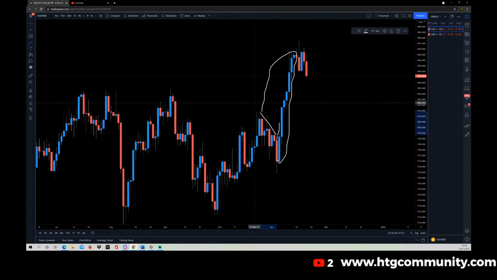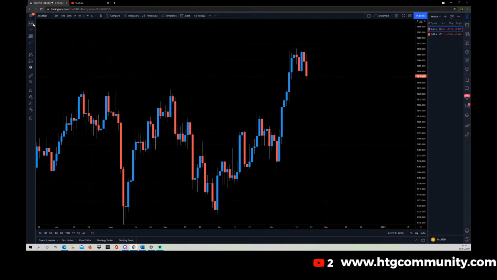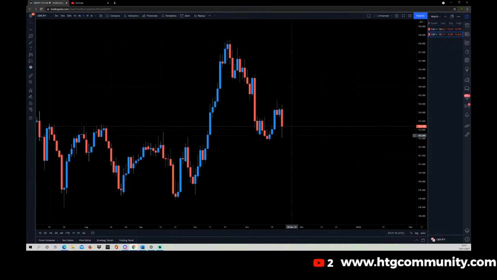Let's just say this was based off of an interest rate cut by the Fed, and then you had this upside move, which would be likely, as you've seen before, right? Would you be looking for sells? You wouldn't be, because based off of structure, the technicals, the fundamentals, and the principles of economics, you know what moves you should be looking for. So you can actually use that to benefit your trading.